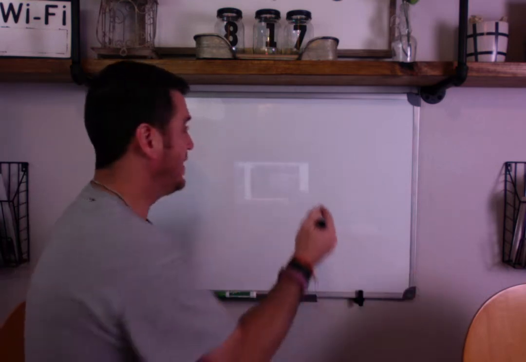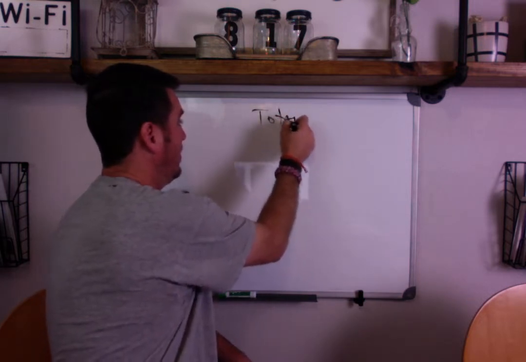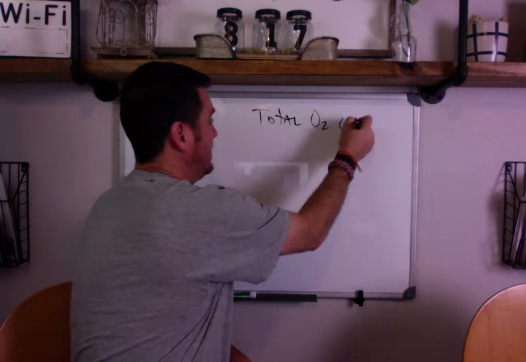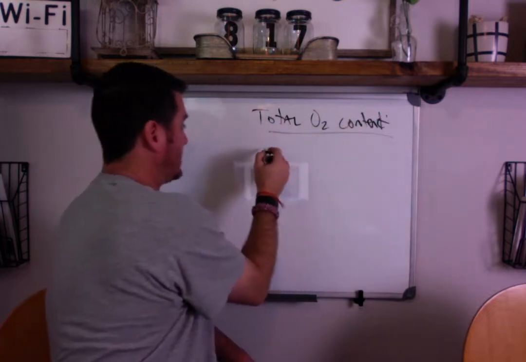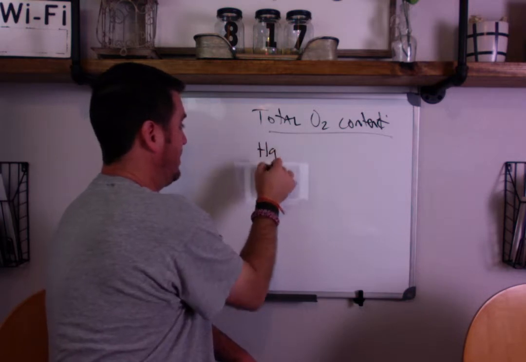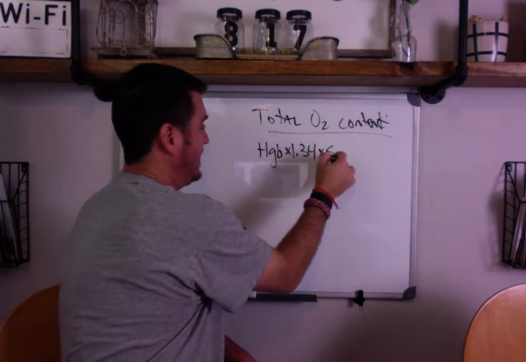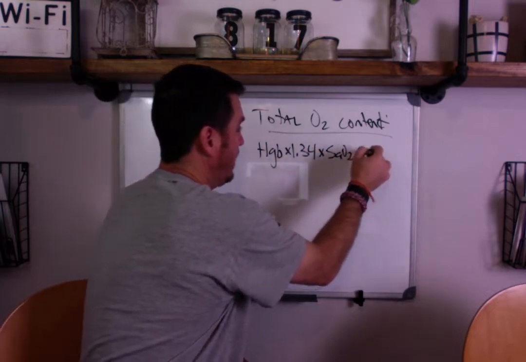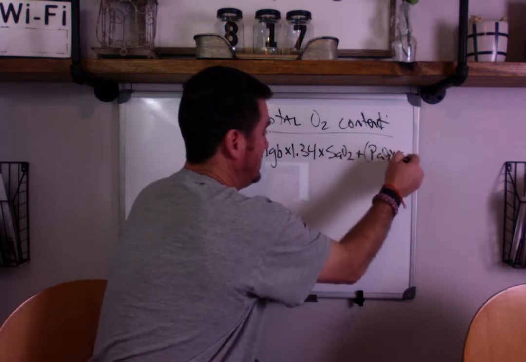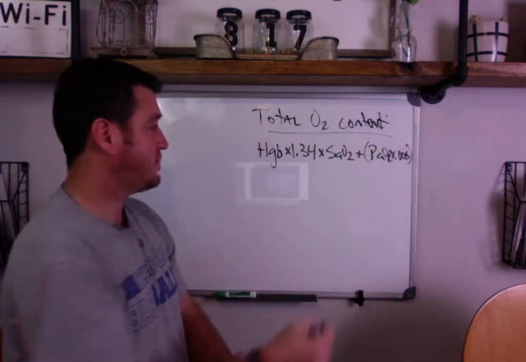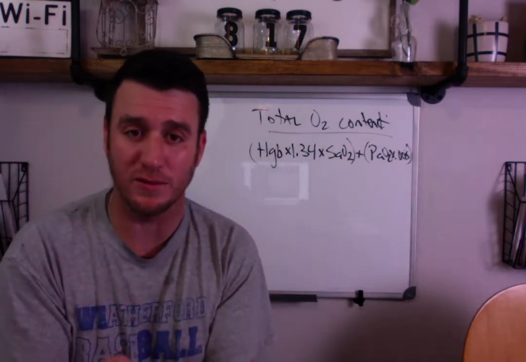When we talk about total O2 content, we're talking about this formula here: hemoglobin times 1.34 times SaO2, plus PO2 times 0.003. And this is where I typically make the most ground.